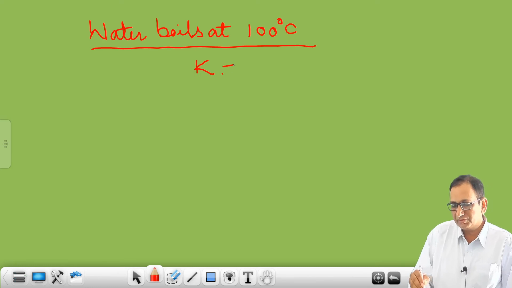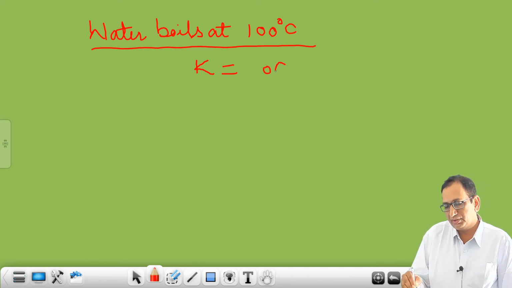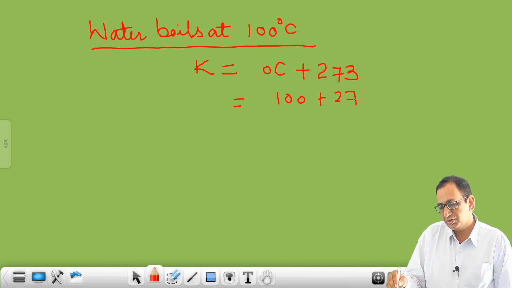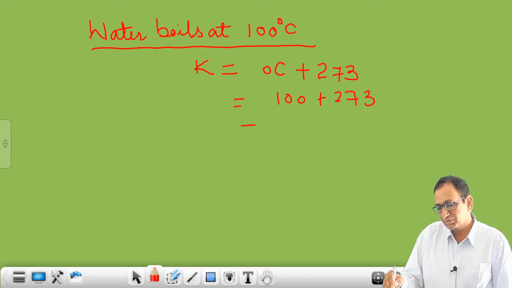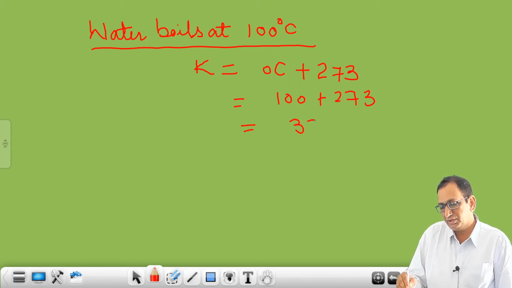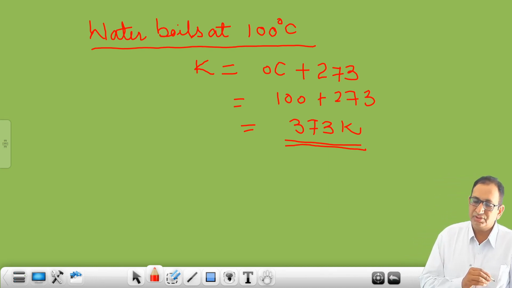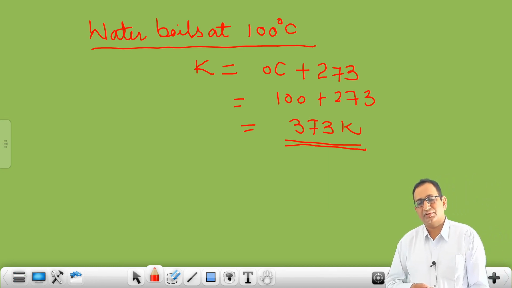To get the Kelvin scale, whatever the degree Celsius is, you have to add what? 273. So here the temperature in degree Celsius is 100, and by adding 273, we will get 373 Kelvin. So this is the Kelvin scale.